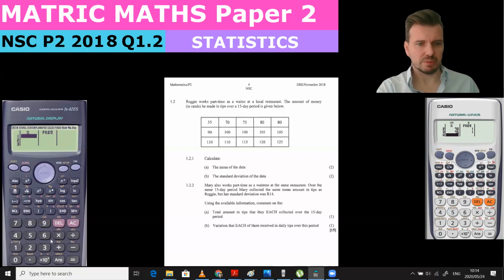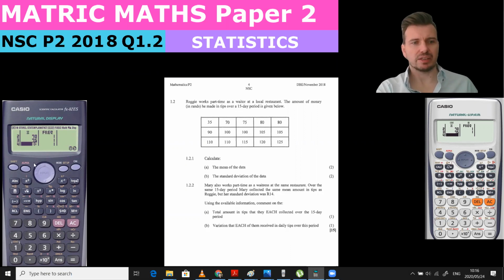So now we are ready to put in our data. 35 equals, to put in the first data item, 70 equals, and we just keep going. I'm going to skip ahead and carry on doing that. Okay, so now I've put in my data, so I can just check through. So 125, 120, 115, 110, 110, 105, 105, 100, 100, 90, 80, 80, 75, 70. Okay, so all the data is in there.